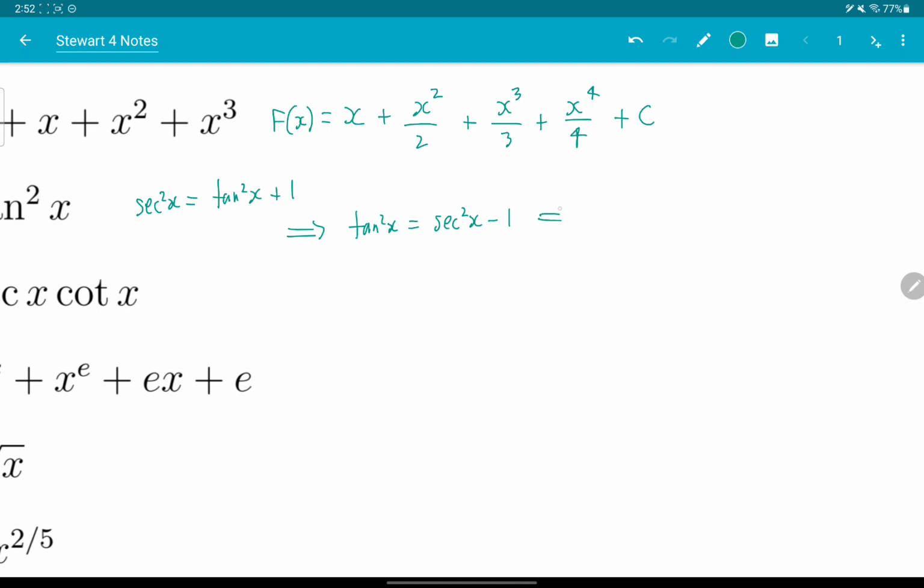Then the antiderivative of this is going to be the antiderivative of this. So that's tan x minus x plus a constant. So this is a trig identity.